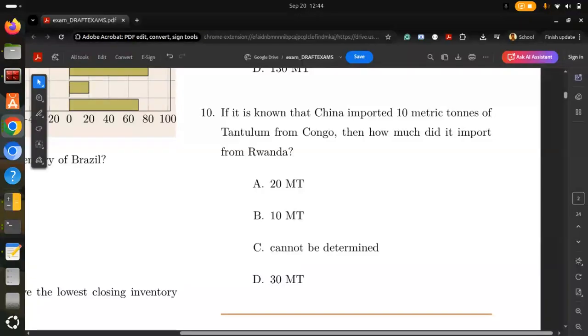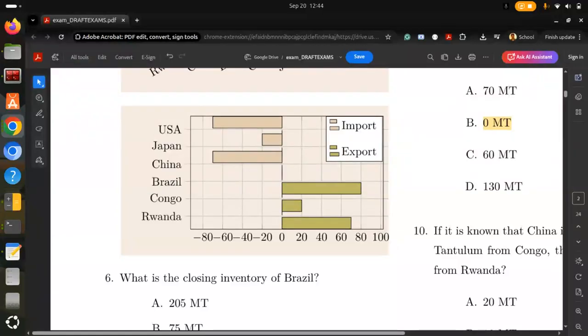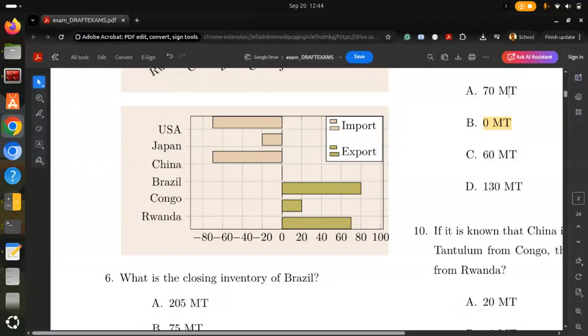That is the question. So now let us look at import export. If you see China, China comes under the importing country. The total import is about 70. So now already 10 is considered here. Will it become 60? But the problem is, even Congo, even Brazil is exporting.